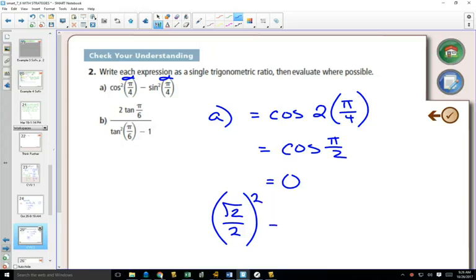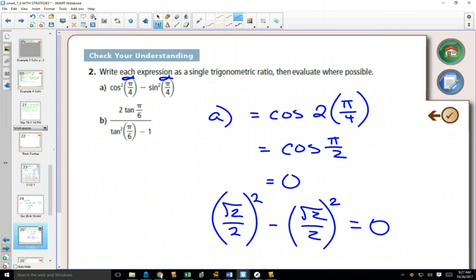I know that sine of pi over 4 is root 2 over 2, so sine squared will be root 2 over 2 squared. And this minus this, well, they're identical, is going to equal 0. So you missed the whole point of this question, except for the fact that they said write it as a single trig ratio. But if the question said evaluate, this isn't very helpful.